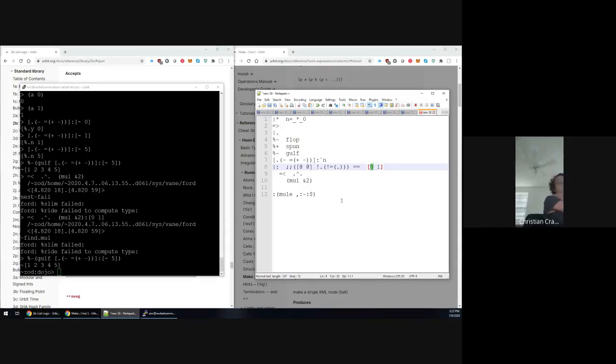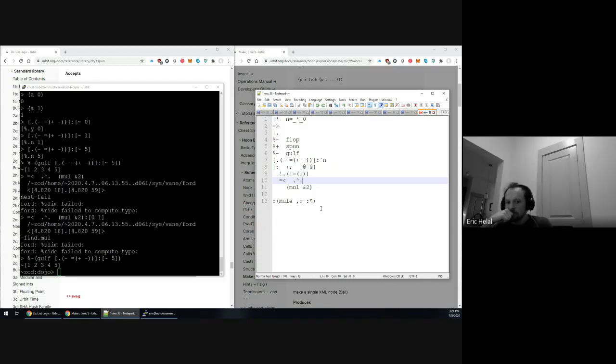Yeah. And spun is a derivative of spin. Spin gets rid of the state and just prints out the things which have been the head of the output.